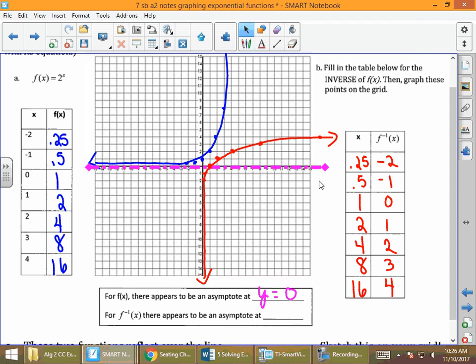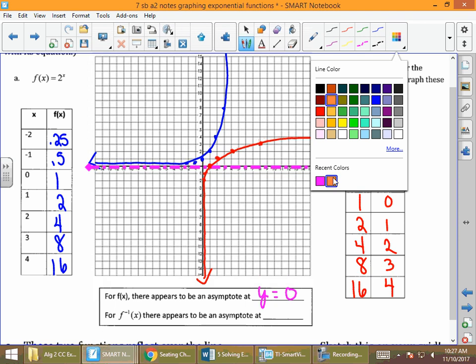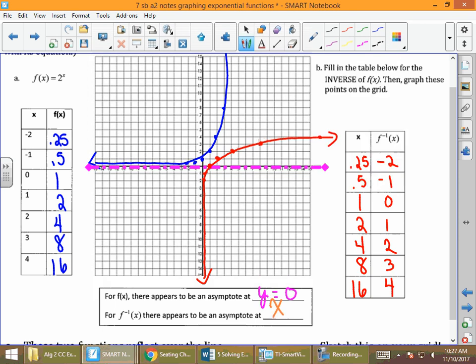And in this particular case, we also have an asymptote. And we switched x and y. So in our original equation, we had y equals 0. So this time it's going to be x equals 0. And in fact, I'm going to erase that and write it in green because that's the color that I'm going to graph it in.